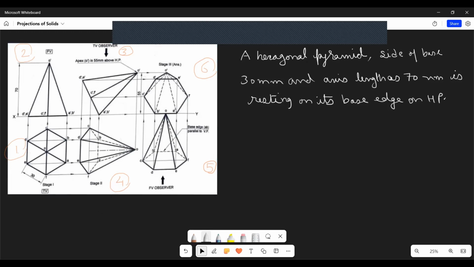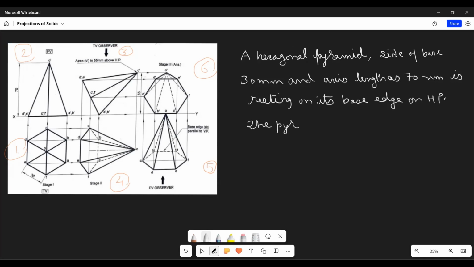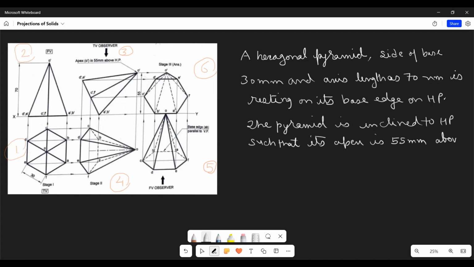So we'll form the next sentence here. The pyramid is inclined to HP such that its apex is 55 mm above the HP.